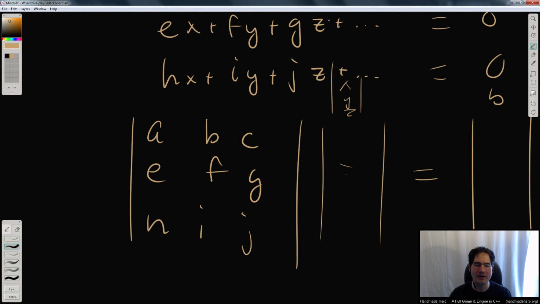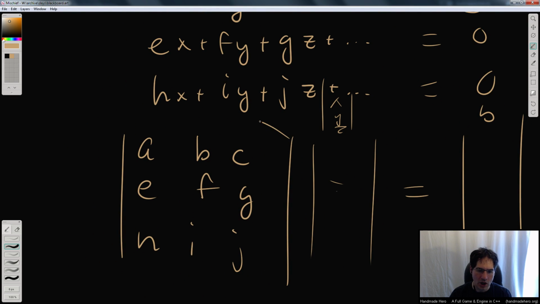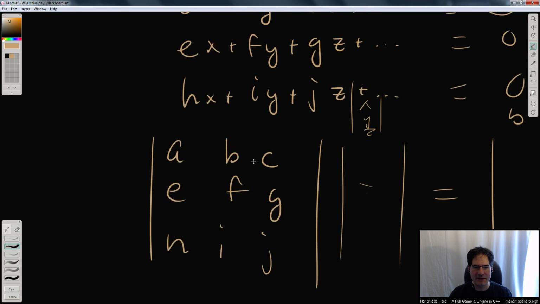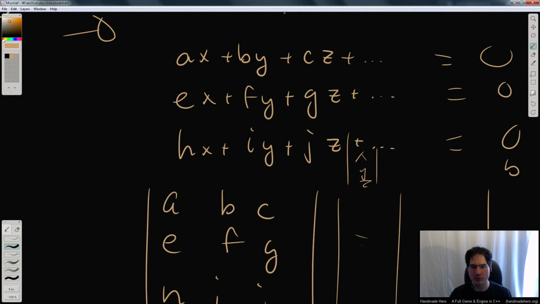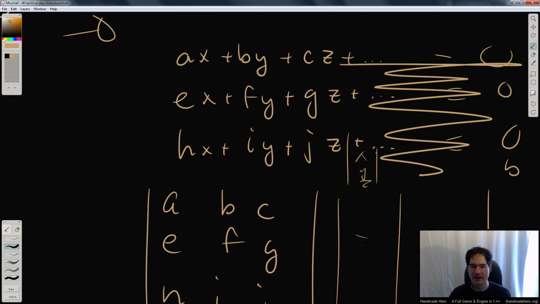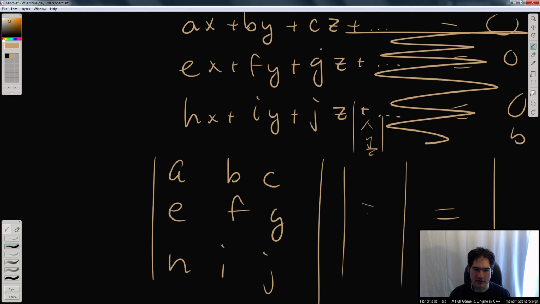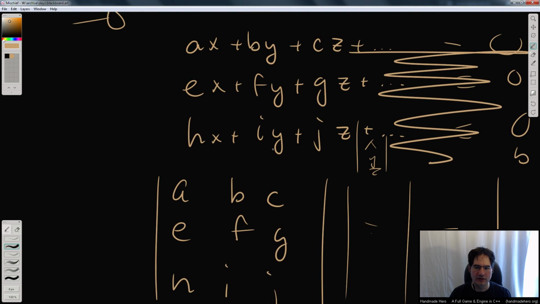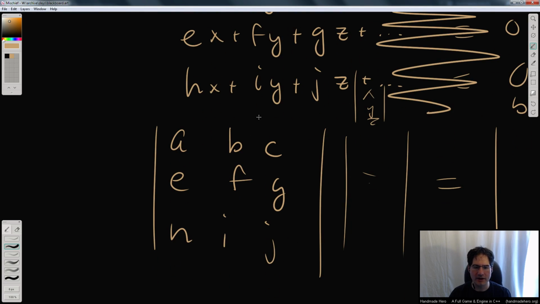I'm skipping it. Point being, think about the way that you would actually solve equations in multiple unknowns. Let's say that we just had A, B, C, E, F, G, H, I, J here, and we were working with those. What we wanted to do is start solving for these.